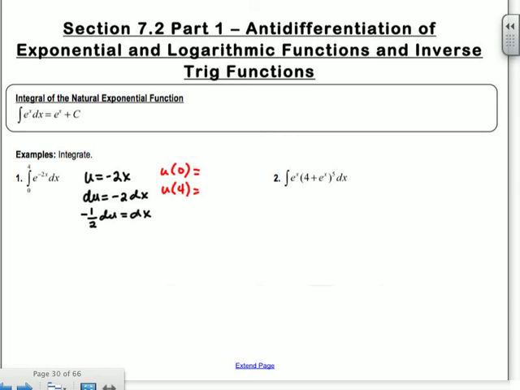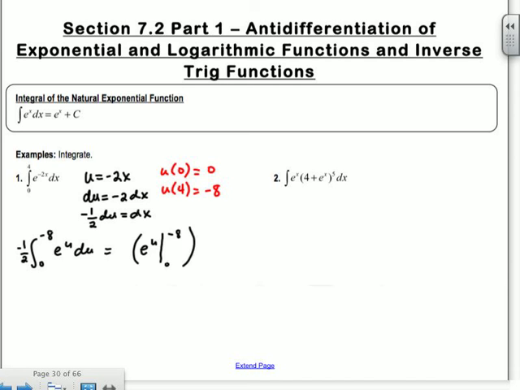You guys good? All right, so u of 0 is negative 2 times 0, so 0. U of 4 is negative 2 times 4, so negative 8. So we have from 0 to negative 8, e to the u du, with a negative 1/2 out front from the negative 1/2 du. So when we integrate, we get e to the u going from 0 to negative 8.